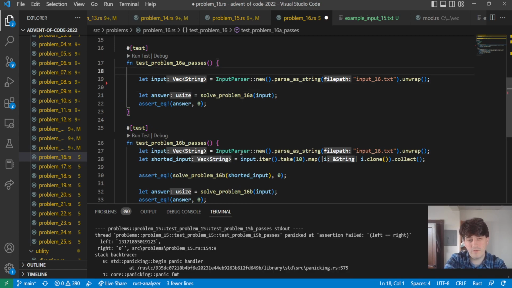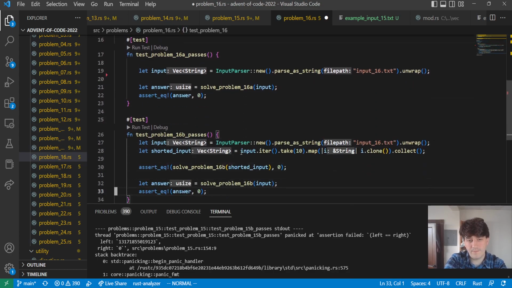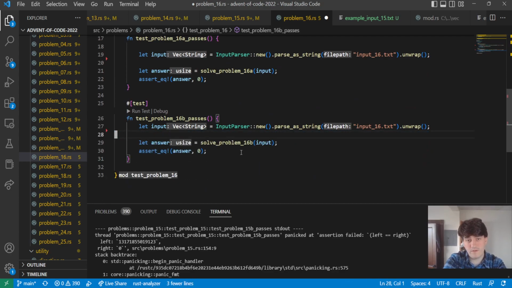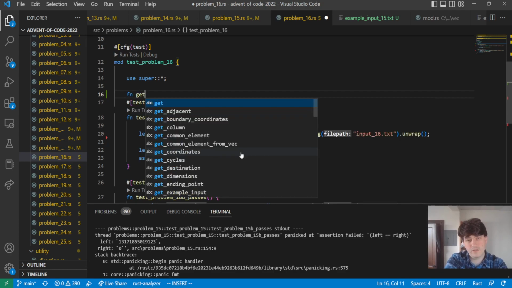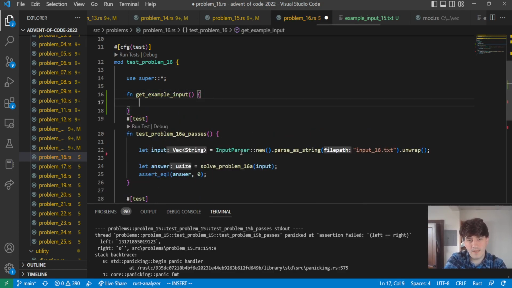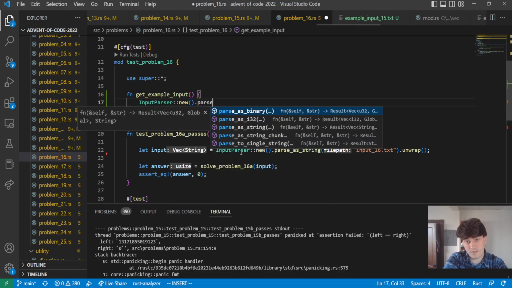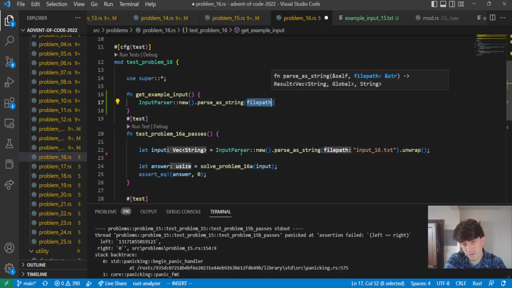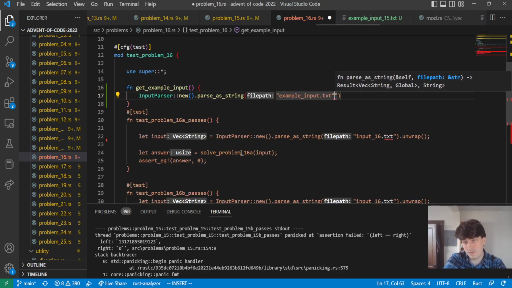None of this. Let's write none of this, and then let's write a quick function to pull this in. Function get example input. Input parser new parse as string example input.txt.